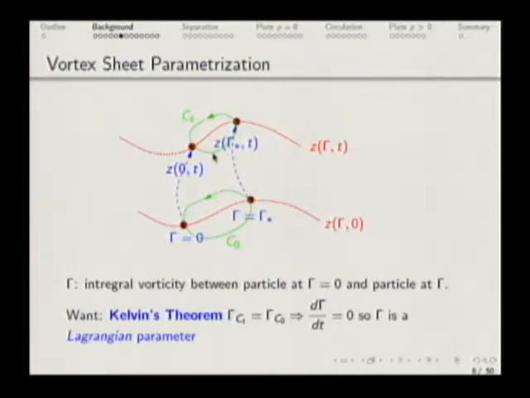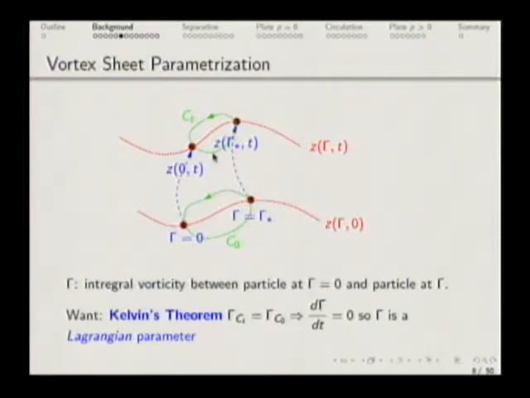I would like gamma to remain the integrated vorticity between the particle at gamma 0 and the particle at gamma star at all times. I can certainly do that at time 0, but I would like this to be true at all times. So I would like to apply Kelvin's theorem: the circulation around a curve that moves from here to there is conserved, so this quantity does not change in time.